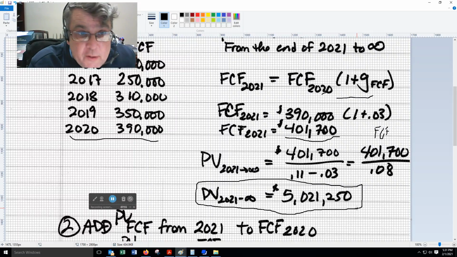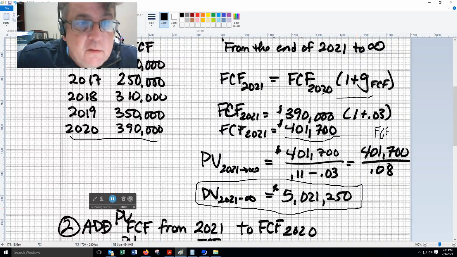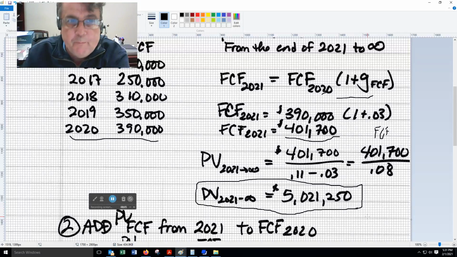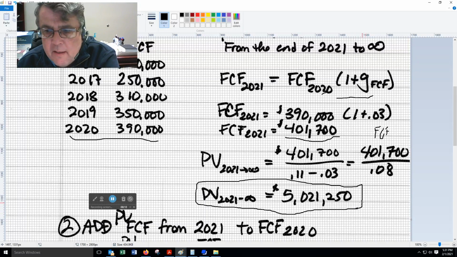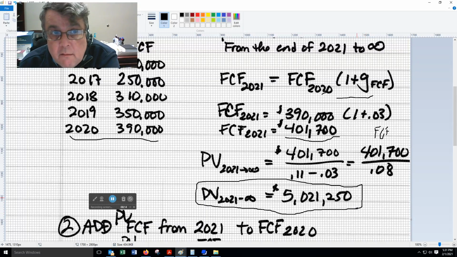in the year 2020. It's not 2020 right now. In this model, we're in 2016. Okay, beginning of 2016. So this present value here isn't what we're going to use later. We're going to have to change it. We're going to have to make it a present value in the year 2016.